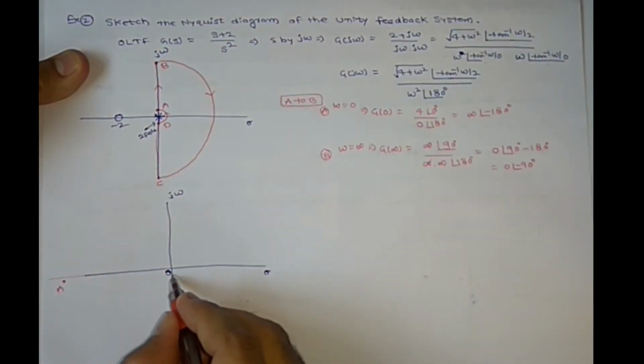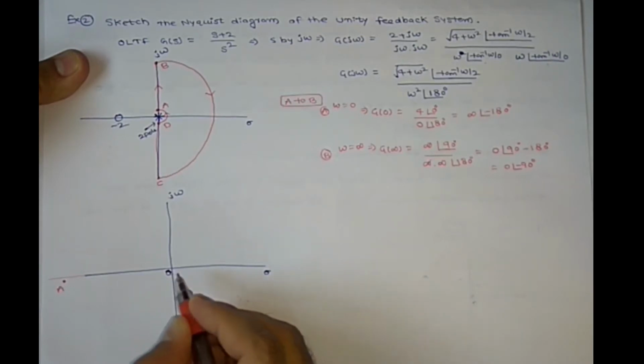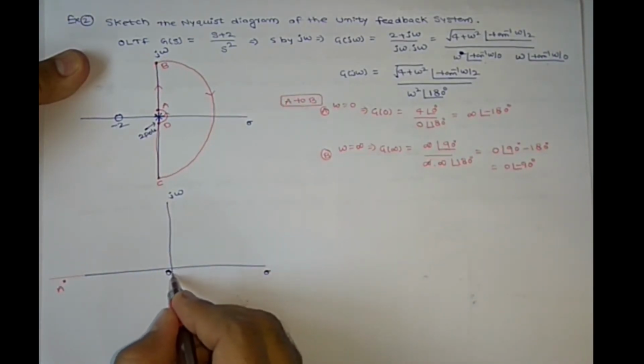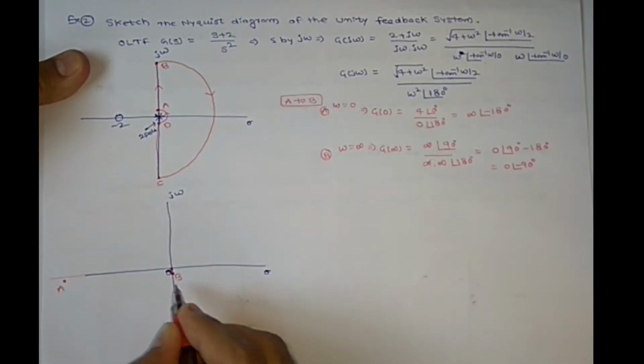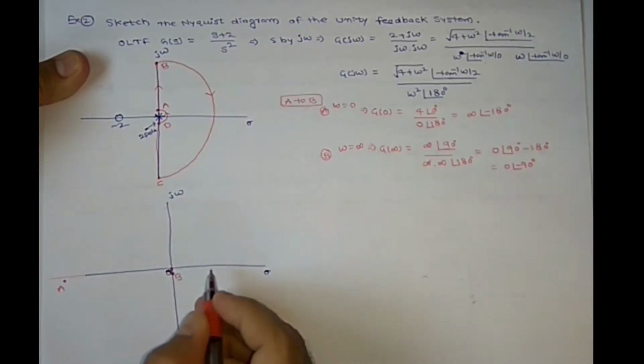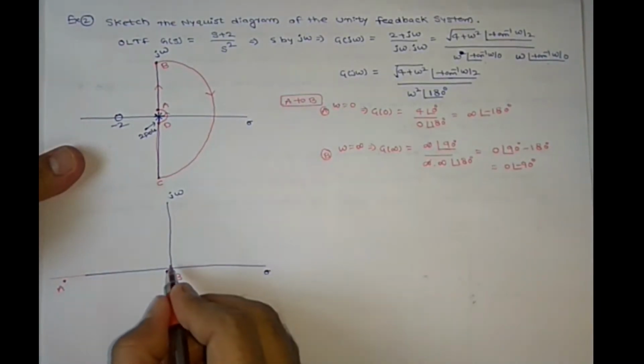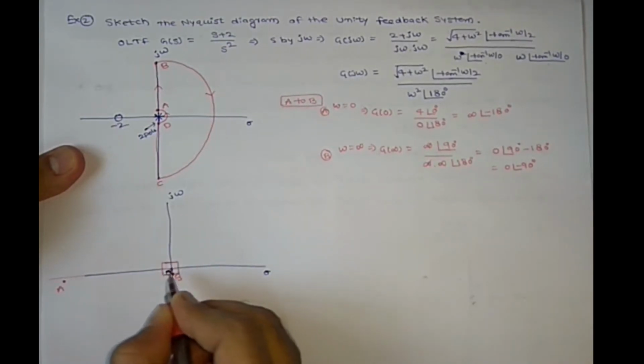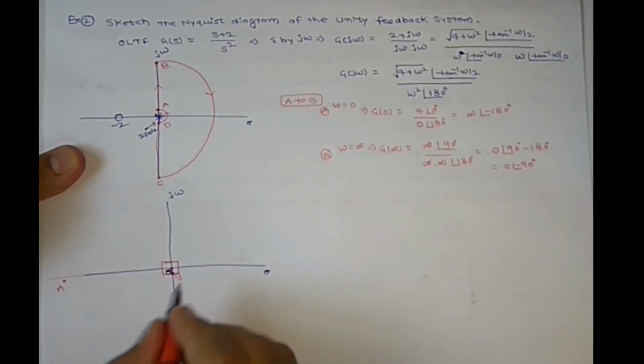So you are reaching the origin with minus 90 degrees. Here you keep the origin as a box. Inside the origin also we have some plot.